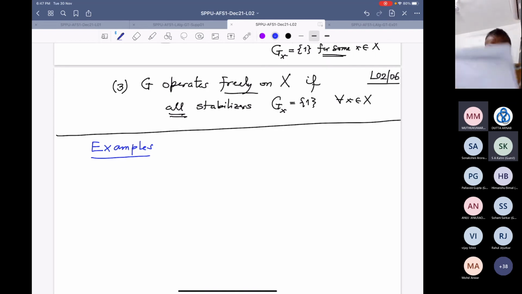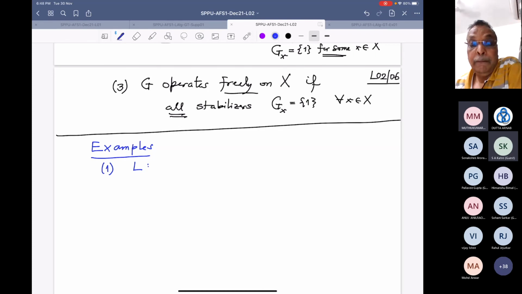So some examples I will check, some I will not check. All right. So we take first our example. What is the example? Cayley operation, which I am denoting by capital L. So G is operating on G by left multiplication.